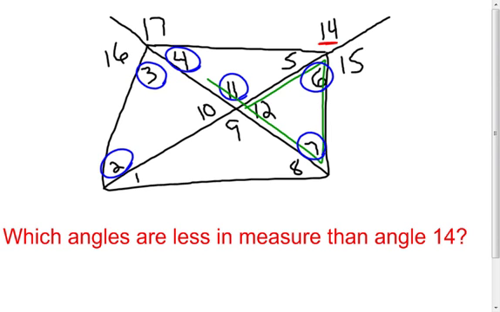Therefore, I know that the measure of angle 6 is smaller than the measure of angle 11. If the measure of angle 11 was smaller than the measure of angle 14, obviously the measure of angle 6 is smaller than the measure of angle 14. Similarly, the measure of angle 7 is smaller than the measure of angle 14.